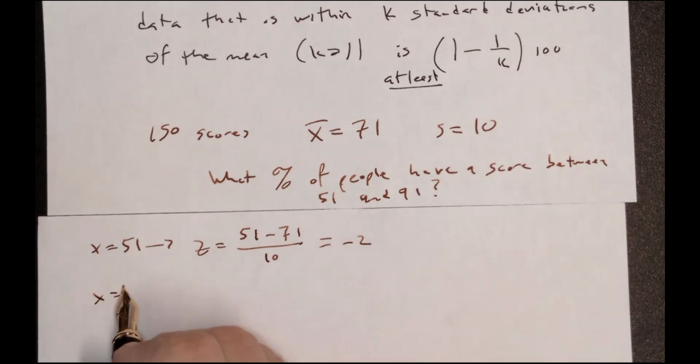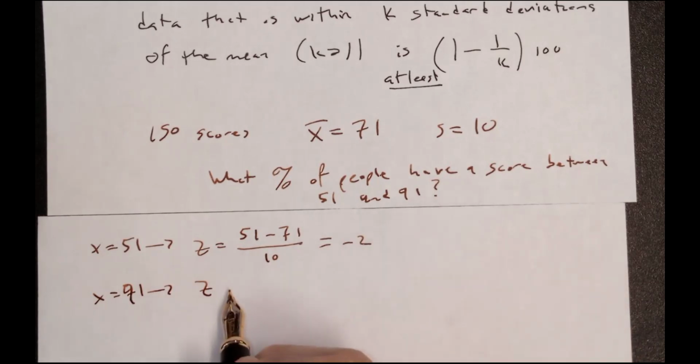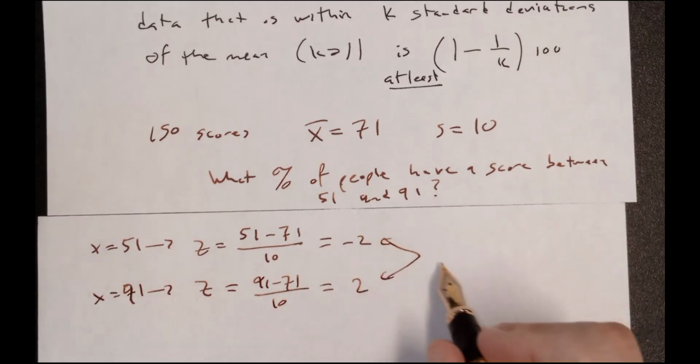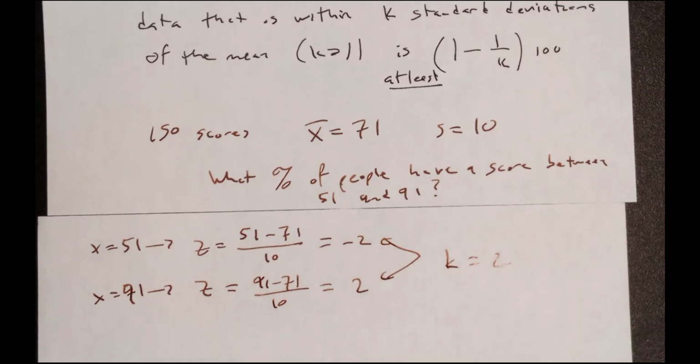And the z-score for 91 is, hey, wait a minute. I want to know between 51 and 91, 2 standard deviations below and 2 standard deviations above. How many dots should be in there?